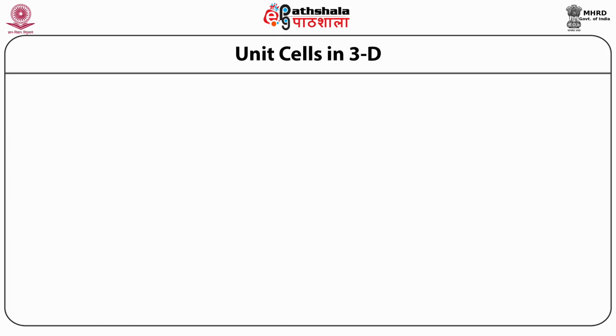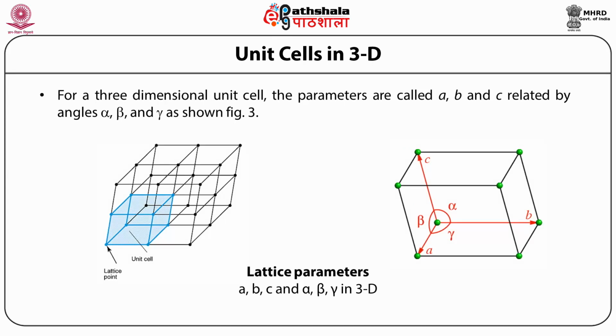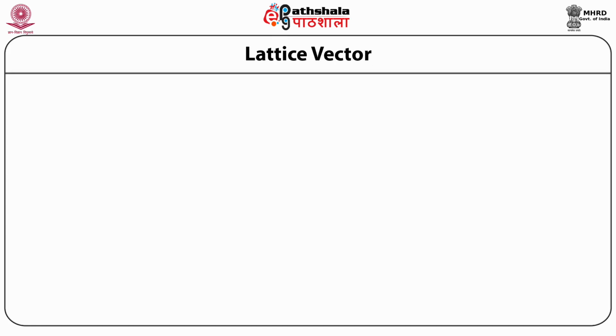Unit cells in 3 dimensions. For a 3-dimensional unit cell, the parameters are called A, B and C, which are related by angles alpha, beta and gamma as evident from the figure. Now let us discuss the lattice vector. As we have discussed already, many unit cells can be formed as shown by cell vectors.